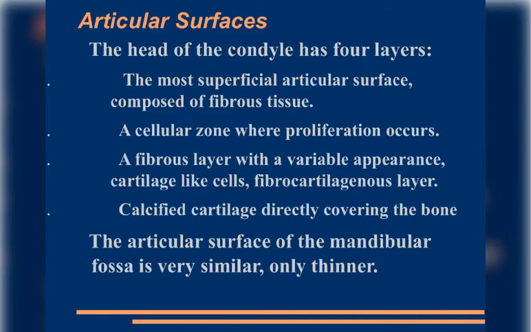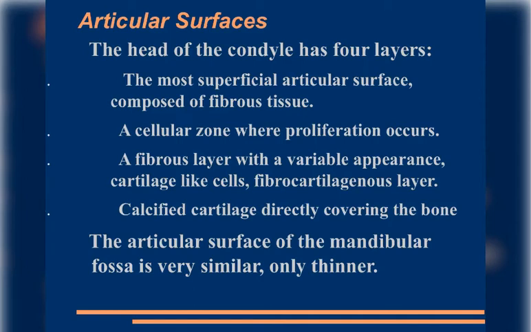This is called the fibrocartilaginous layer. Then we have a layer of calcified cartilage directly covering the bone. Then of course we have the bone.